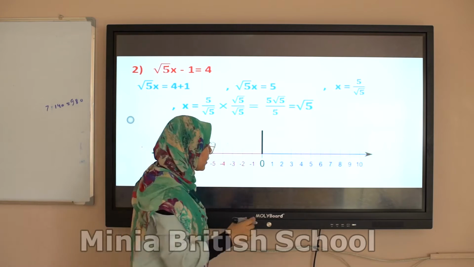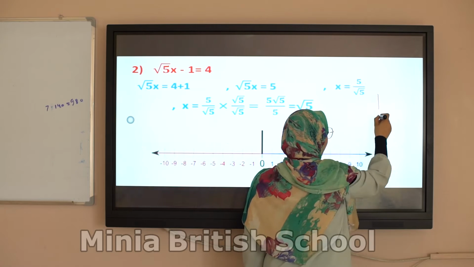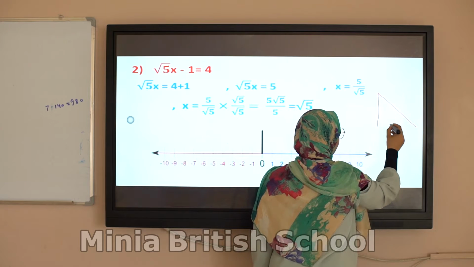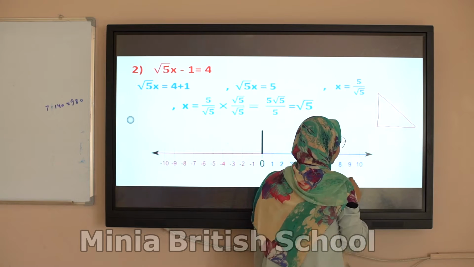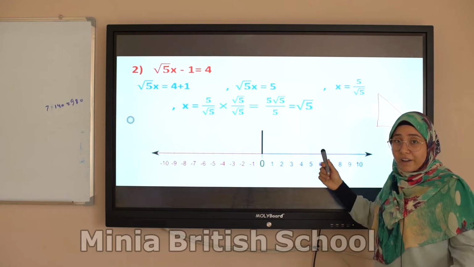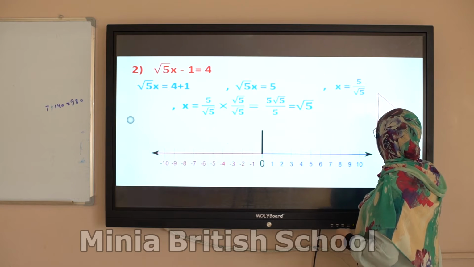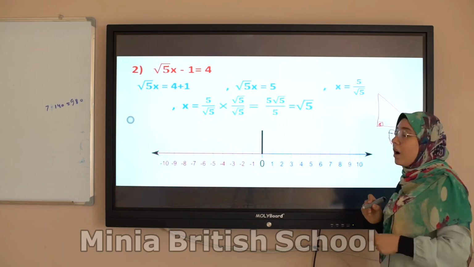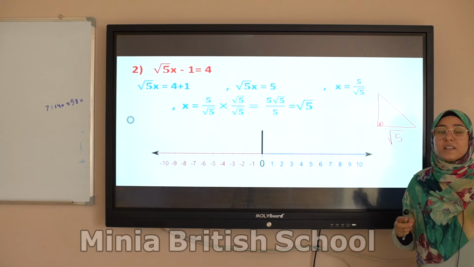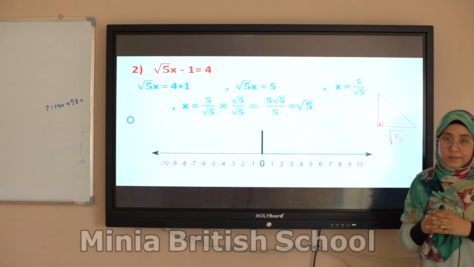Here, F is a right angle triangle, okay? And root 5 is one leg of it. Now, I need to find the lengths of the other two sides, okay?